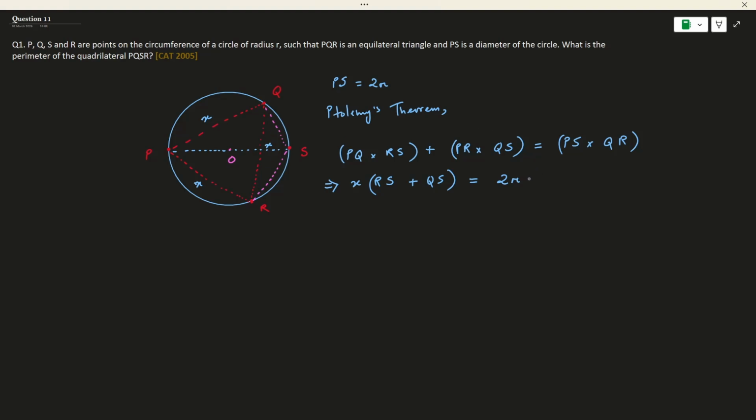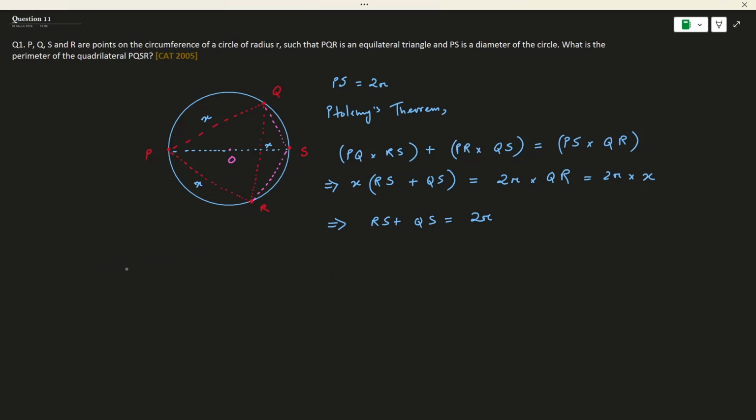QR is the other diagonal, but QR is also X. So it is equal to 2R into X. So I can say RS plus QS is equal to 2R, as X and X get cancelled.